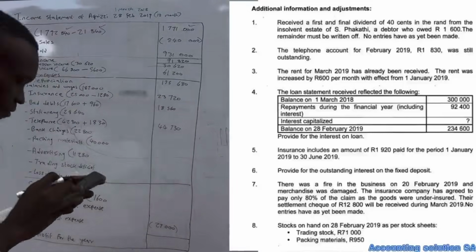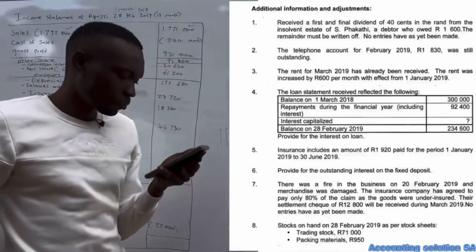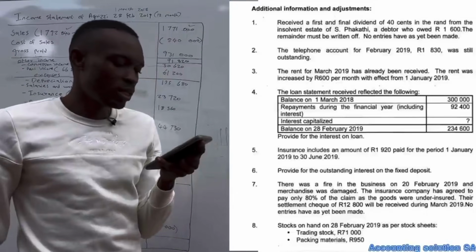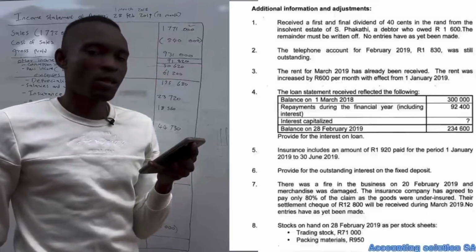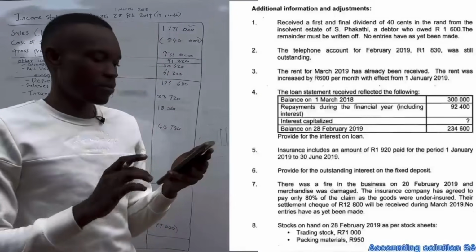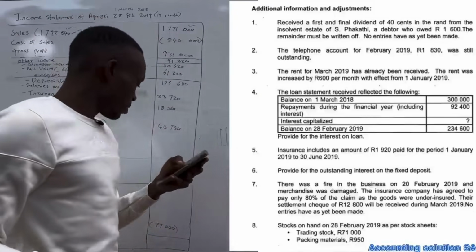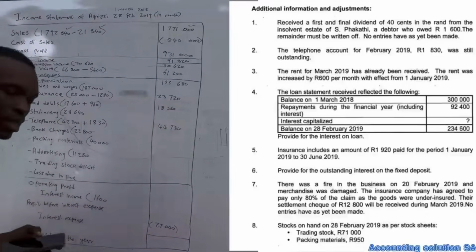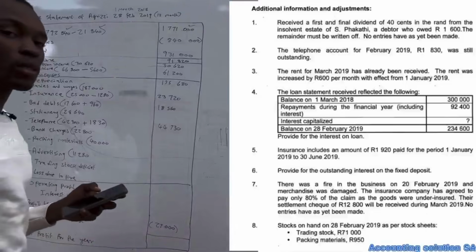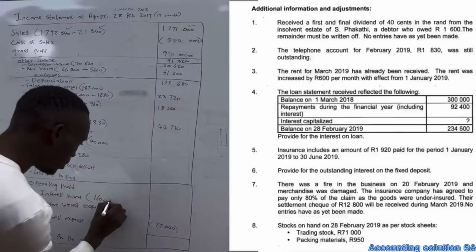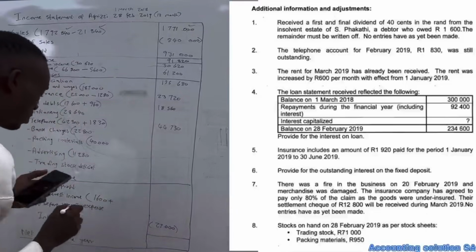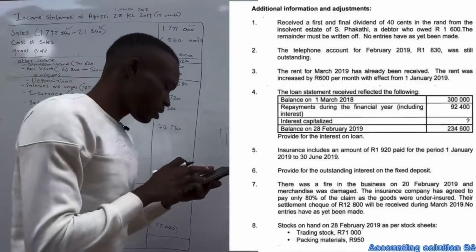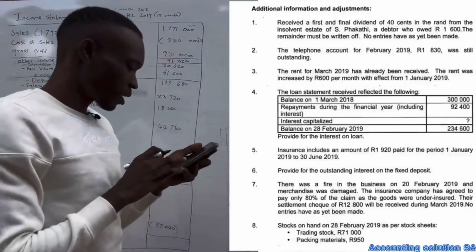Very simple stuff. Then the next one, provide for outstanding interest on fixed deposit. Outstanding interest on fixed deposit. Okay, if you check, they already recorded interest income here of 1,600, but they want us to do what? To provide the outstanding. How do we get the outstanding? Very simple. This is how the interest was supposed to be calculated.